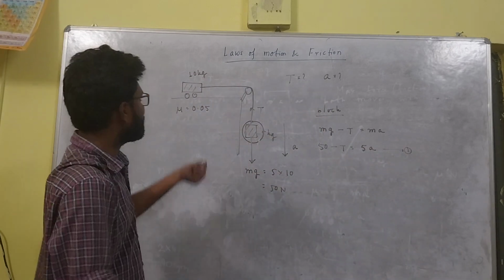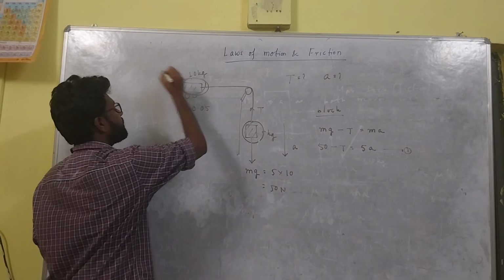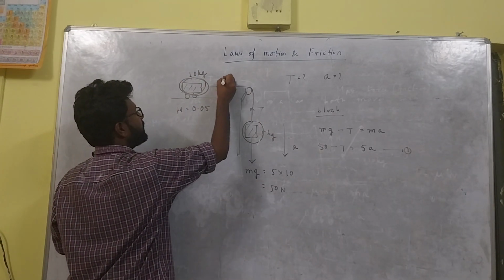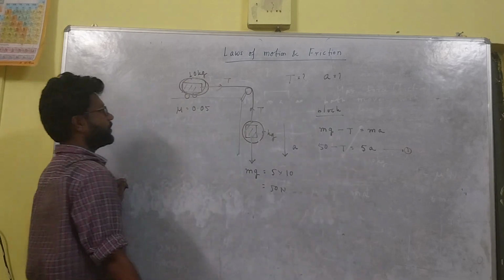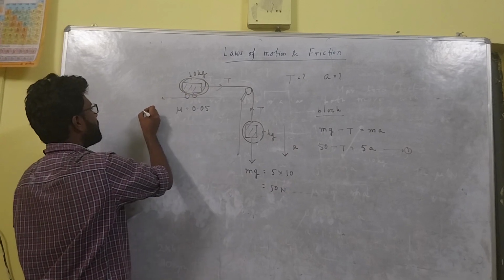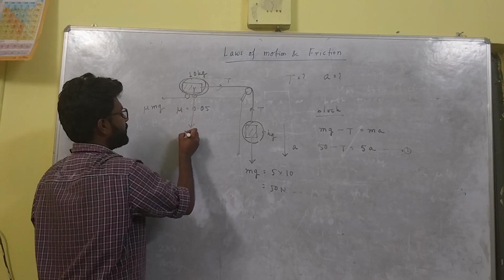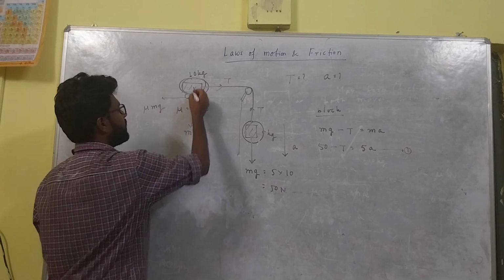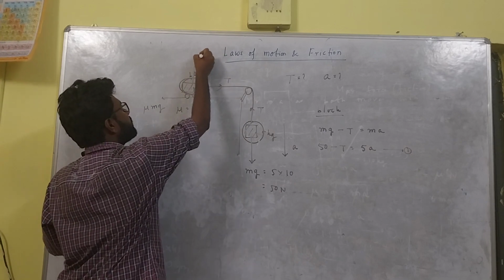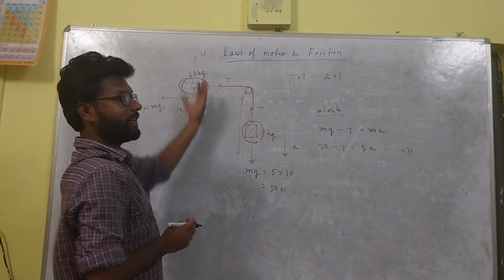Okay. Now just choose the system as that cart. It's the tension of that string that pulls forward the cart, and the frictional force mu mg here, because the gravitational force pulls downward and the normal force by that floor is N. So ultimately N equals mg, because there is no vertical movement.